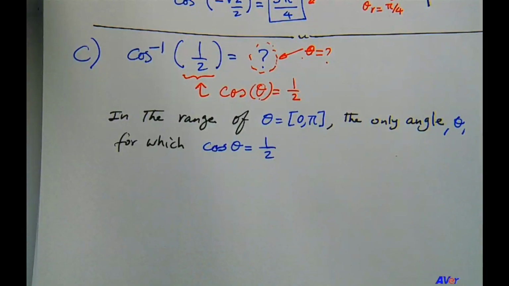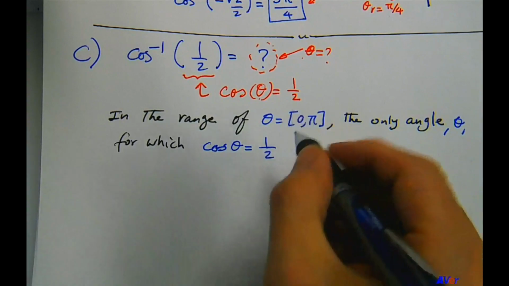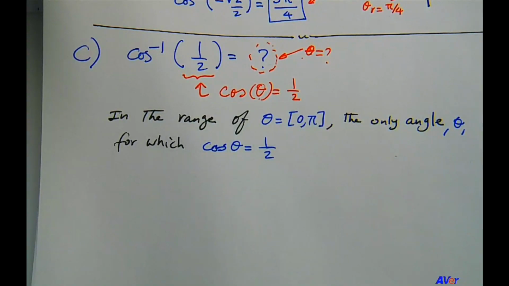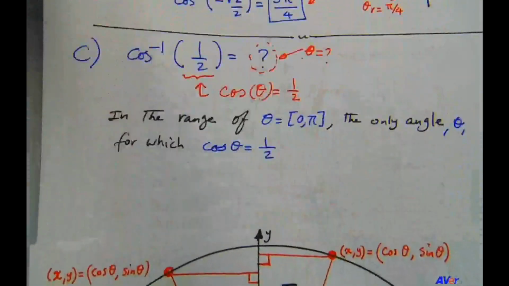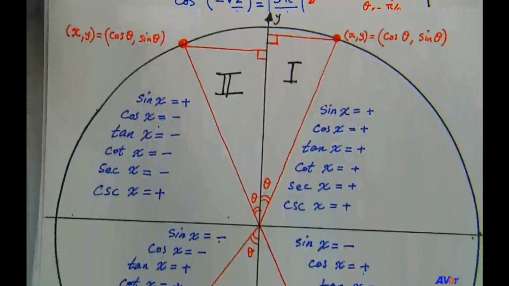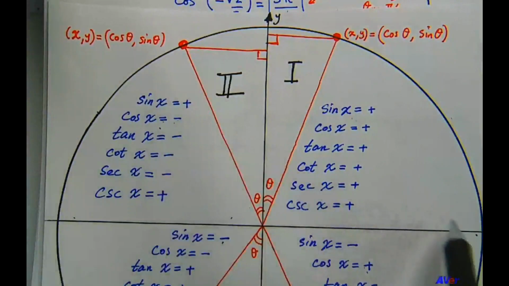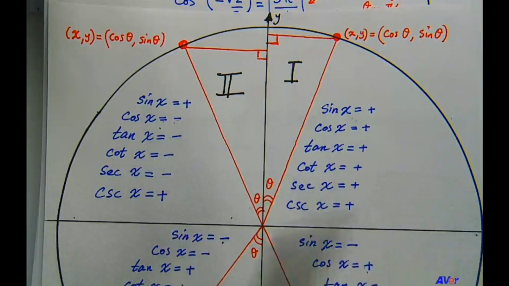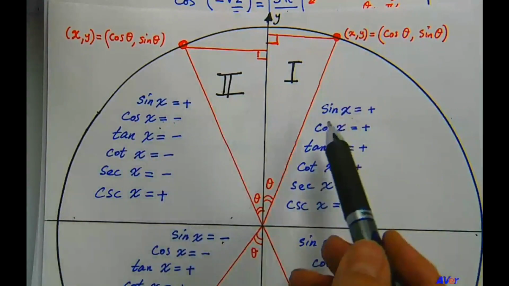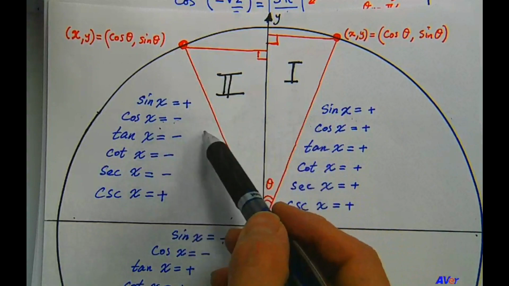So for which cosine of theta is that, is in, let's see, which quadrant is that? That's pi over 3, but that's positive 1/2, right? So we're going from 0 to pi. That's the restricted range for the inverse cosine function, from 0 to pi. So we either have to be in quadrant 1 or quadrant 2.